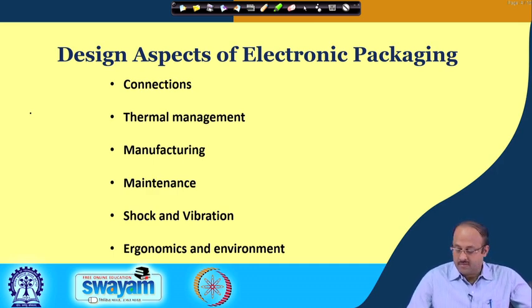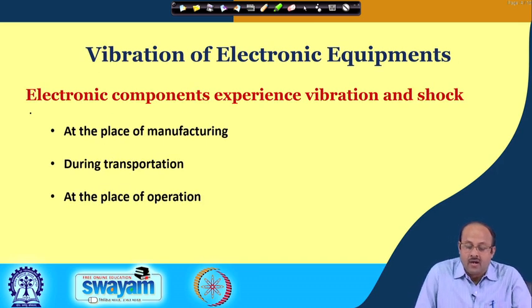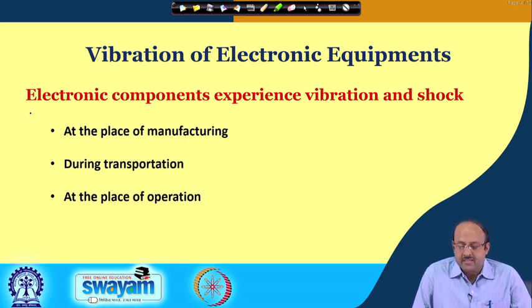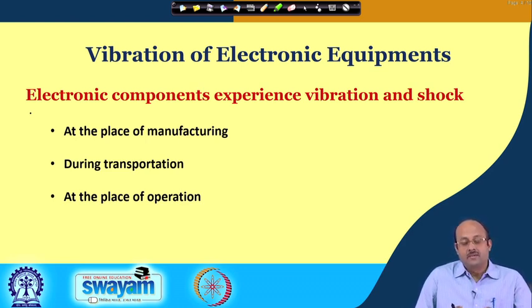Now, let us first learn where electronic equipment experiences shock and vibration. There are three places in which vibration is encountered. First is at the place of manufacturing. Consider a product which is being manufactured, and it is a complex product.